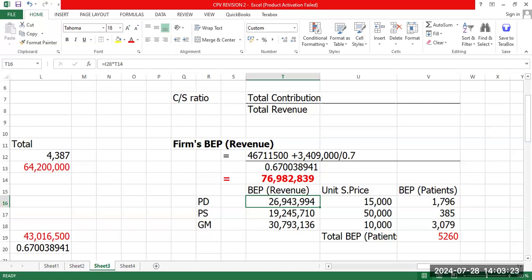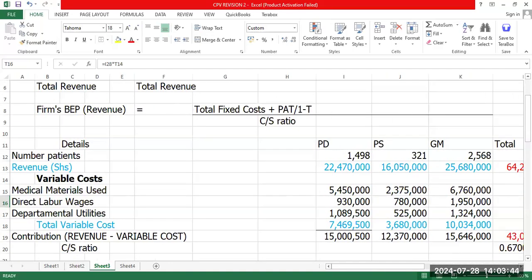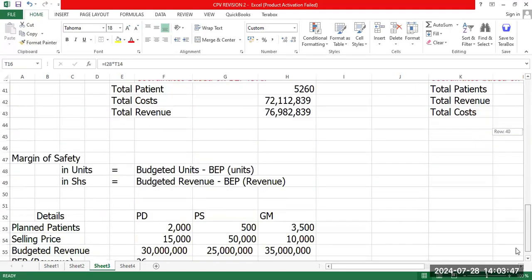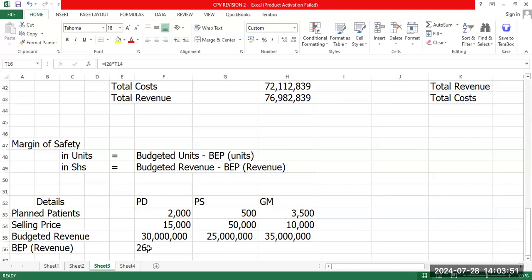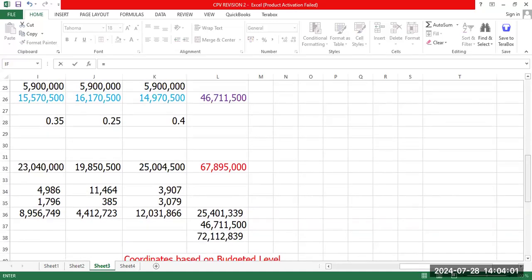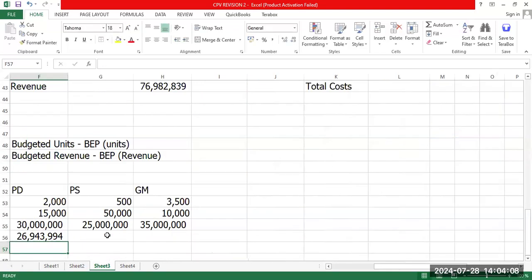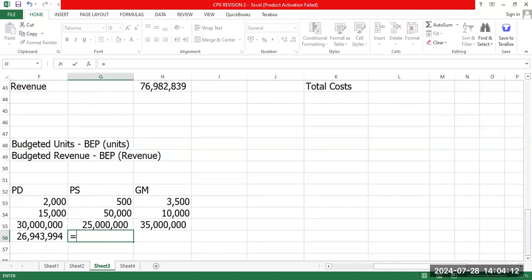So I will just copy and paste to the other side.